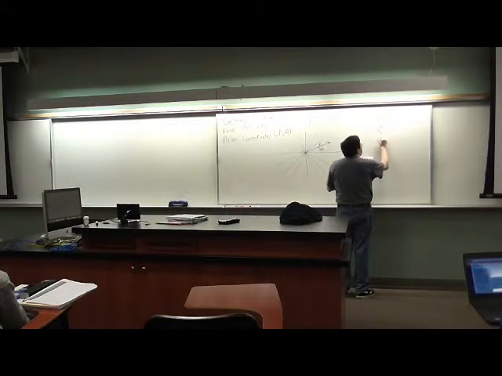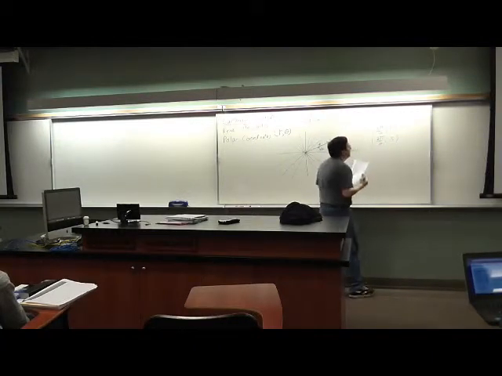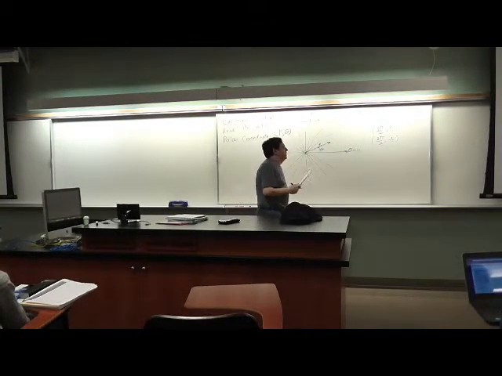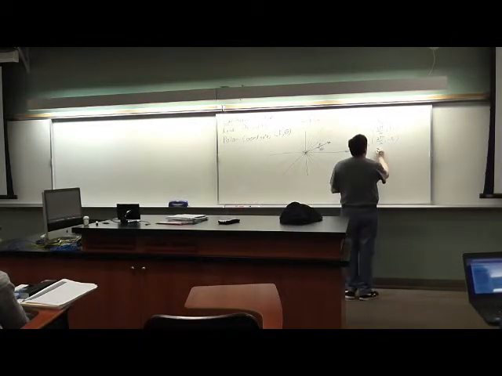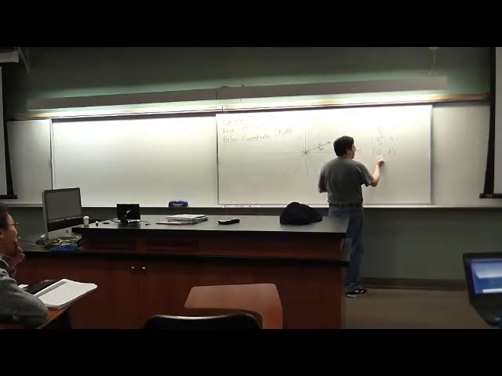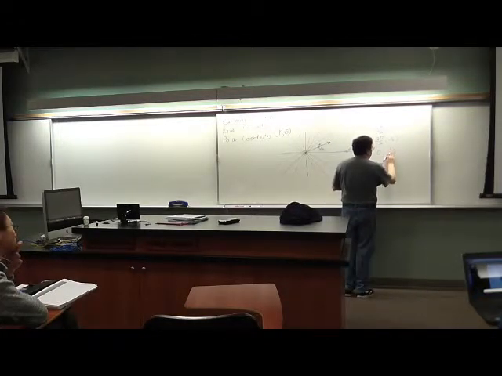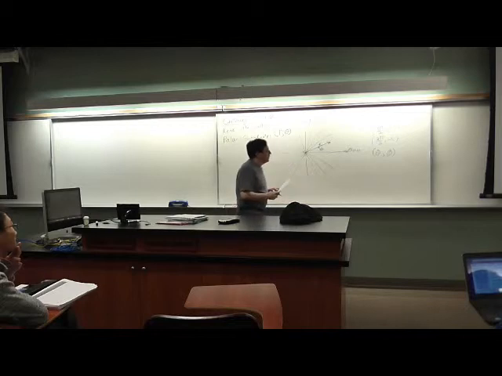But it's also the same as 3 pi over 2, negative 5. In fact, there's an infinite number of ways to describe each point. Sometimes we have to be careful with that. The worst case is r equals 0. Then you can put in any theta you want, and they're all the same point.